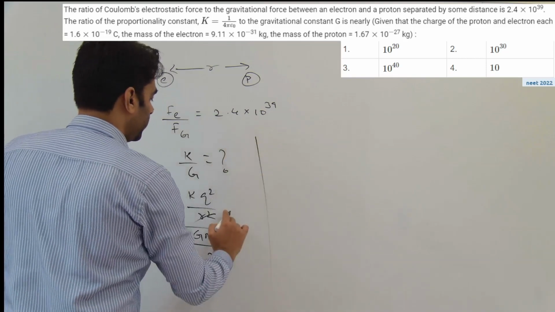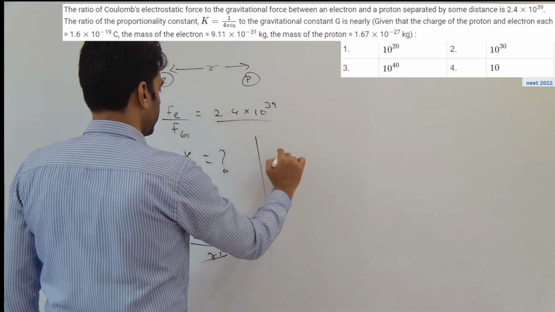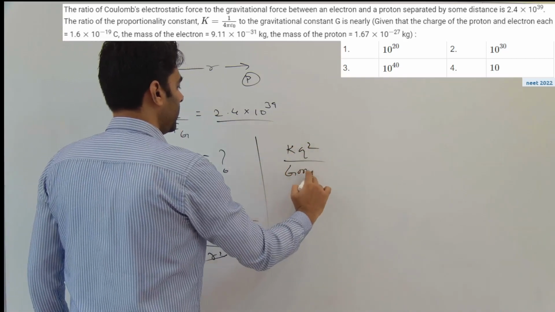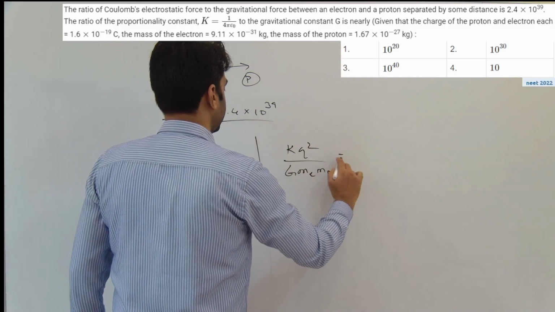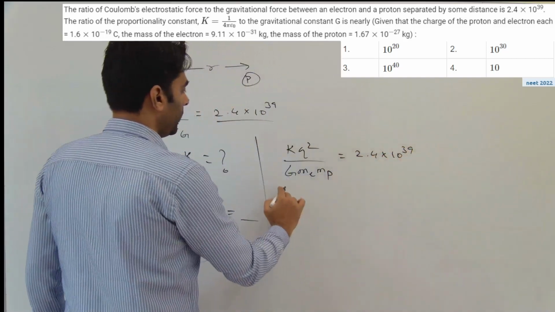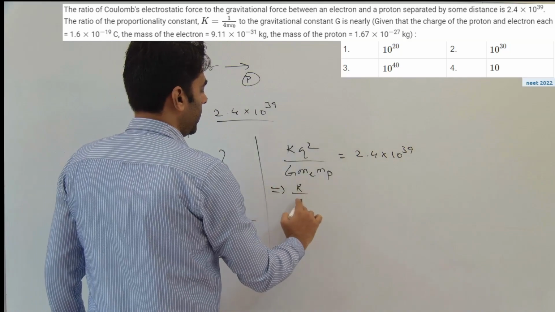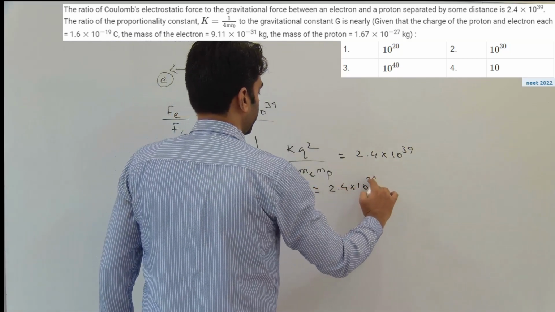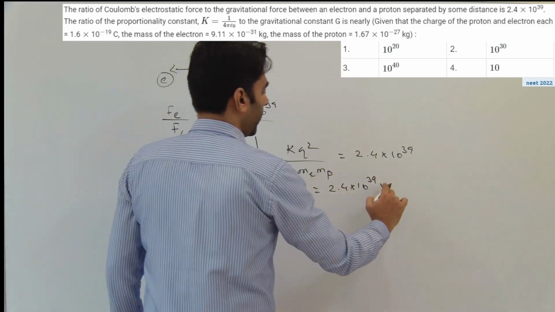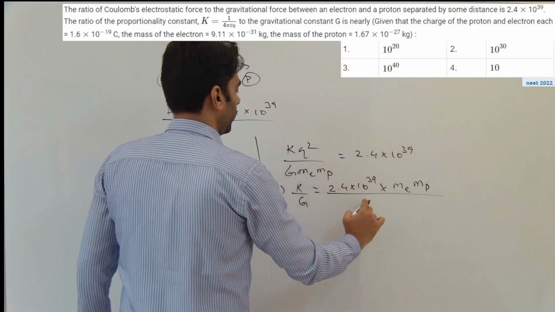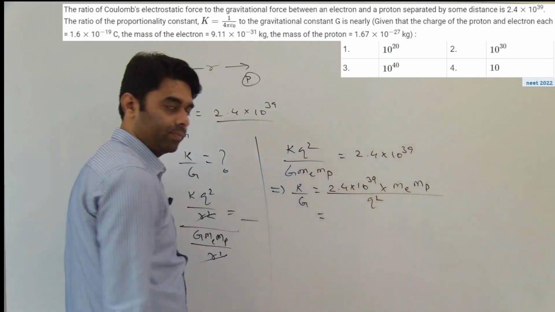So we have KQ square by G ME MP equals 2.4 into 10 power 39. Over here I can write K by G equals 2.4 into 10 power 39 into ME MP by Q square. This is what we have got.